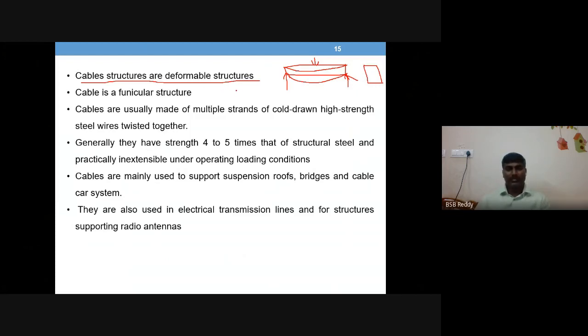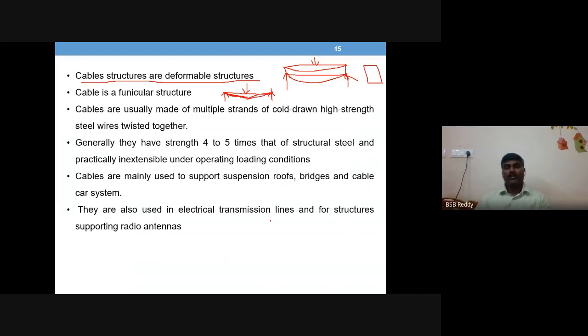But in case of cable, see, this is a cable. Okay, so this particular cable is hung between two supports. If you don't load it, it is like this. If you apply the load, then the cable is going to be like this.